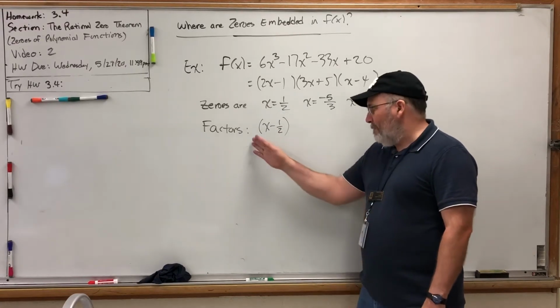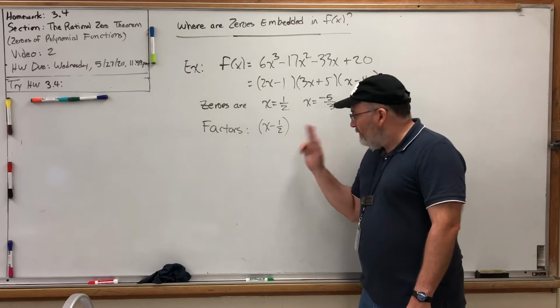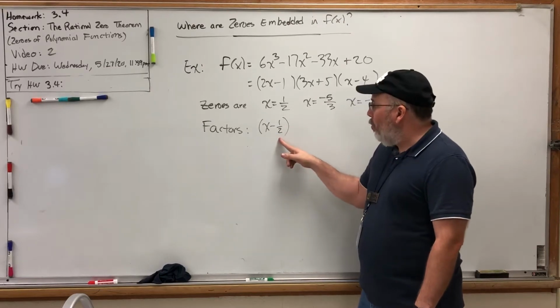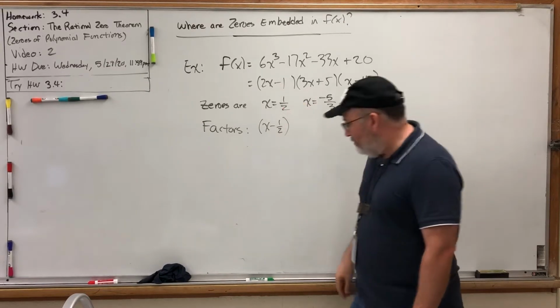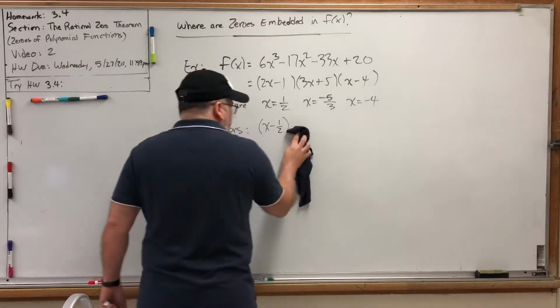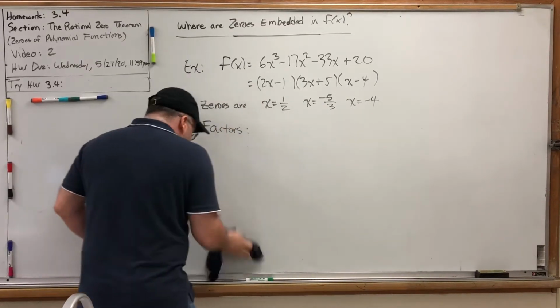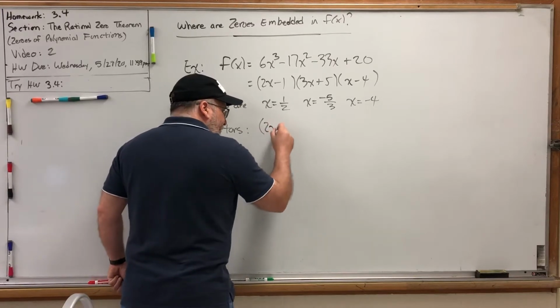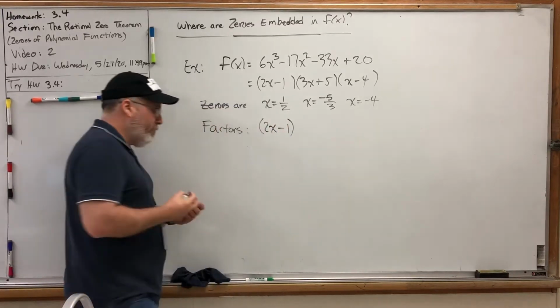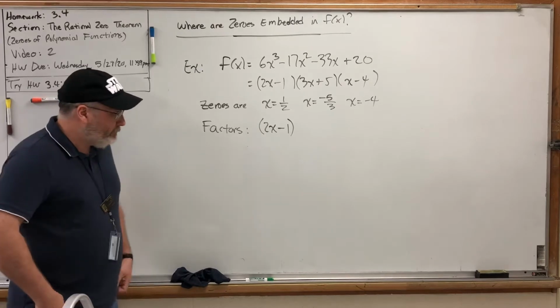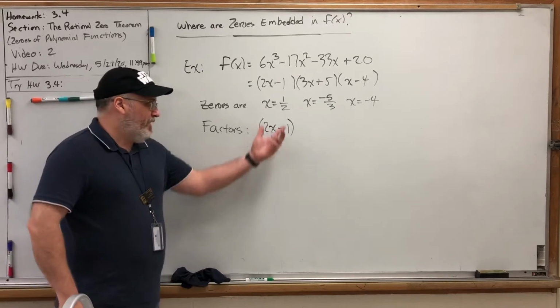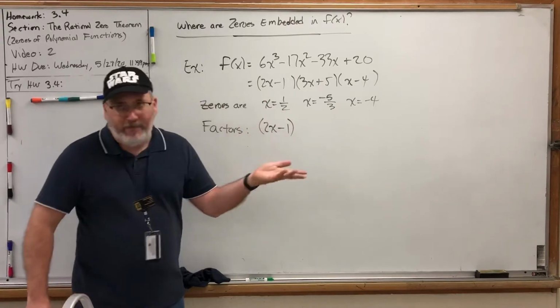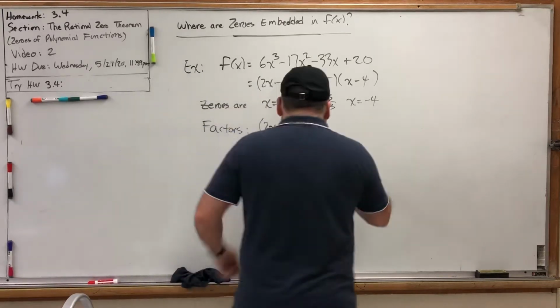So for example, if I multiply this by 2, this would become a 2x and that would become a 1, just like this. So as we're building our factors from rational numbers, try to build them so that they don't contain rational numbers, but rather integers. And again, all you have to do is x minus this and then multiply the thing by its denominator.